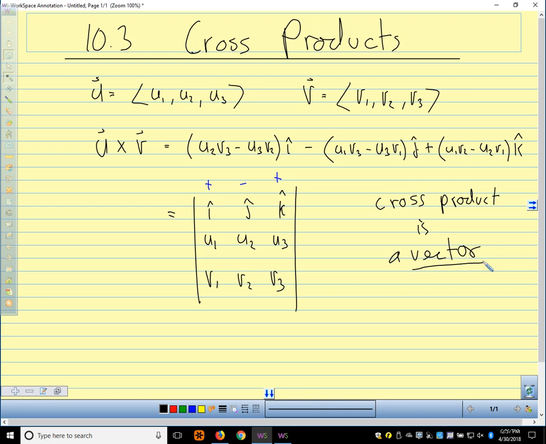The dot product, remember, was a scalar, just a number. We multiplied the x parts, multiplied the y parts, multiplied the z parts, and added them all together. The cross product is a vector.